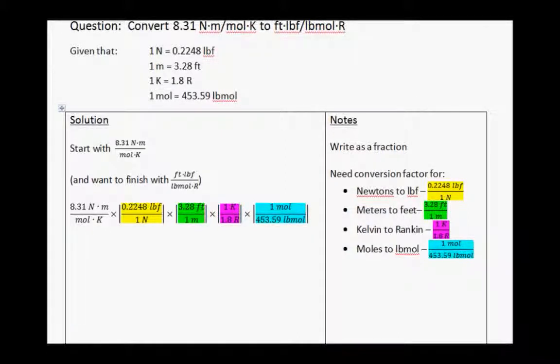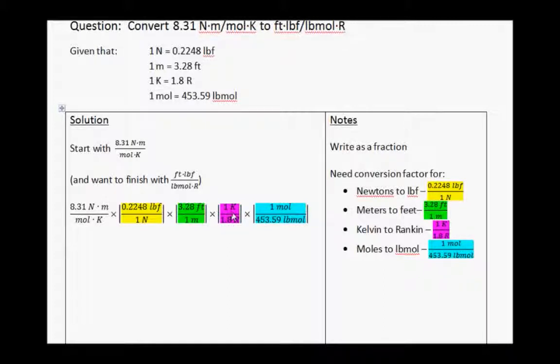Now we have this long line of multiplication that we're going to do all at once, but it's best at this point to check to make sure all of our old units are going to cancel. So you can see that newtons on top here is going to cancel with newtons on the bottom here. Meters here will cancel with meters down here. Kelvins on the bottom here is going to cancel with the kelvins on the top in this one.